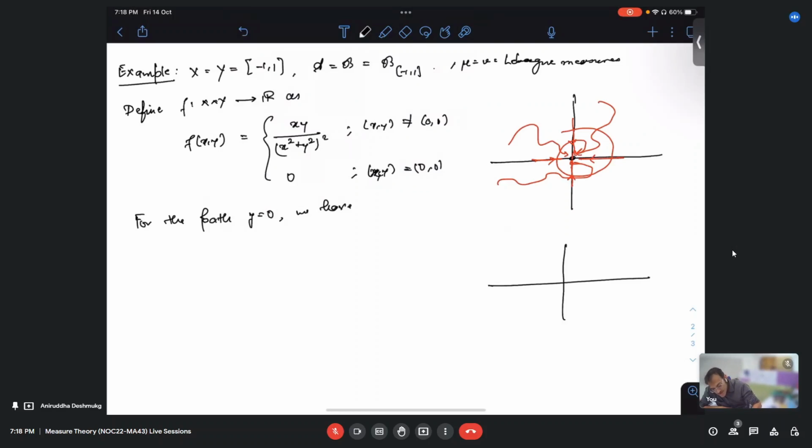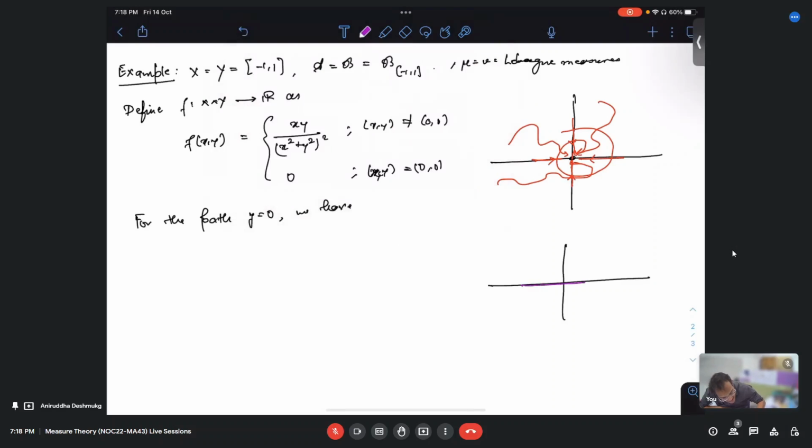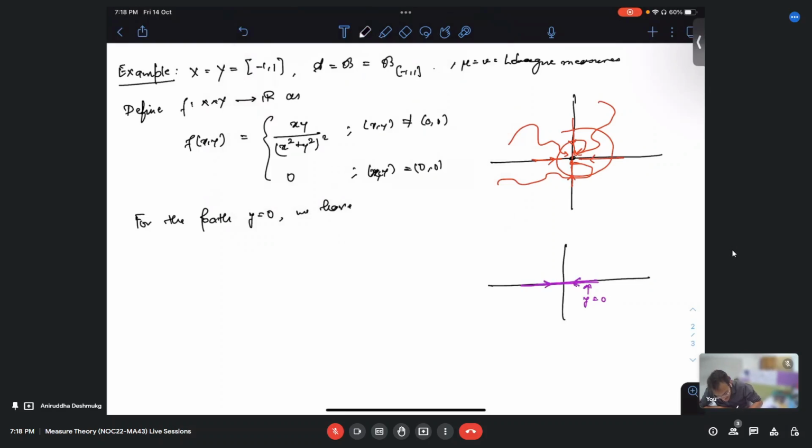So for this path y equal to 0, that means the x-axis, let us reach 0, 0, either from the right or from the left. Let us see what happens. So we have f of x, 0.